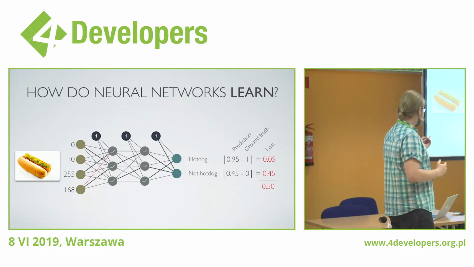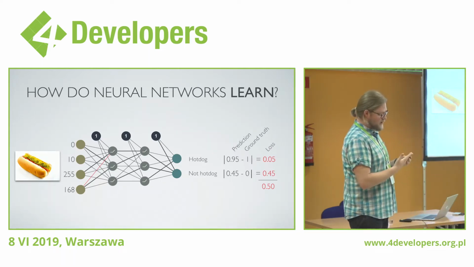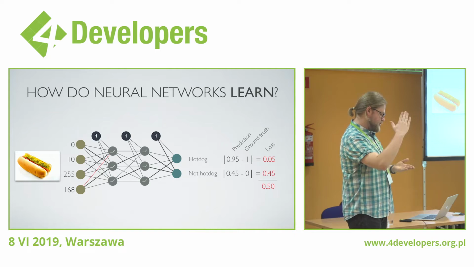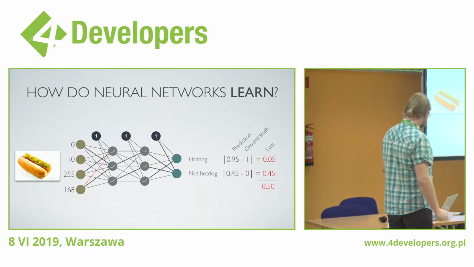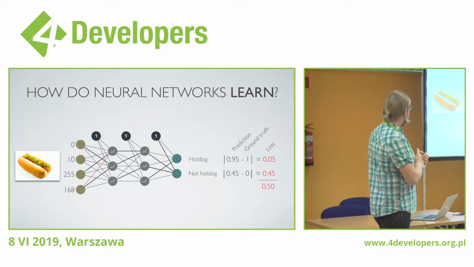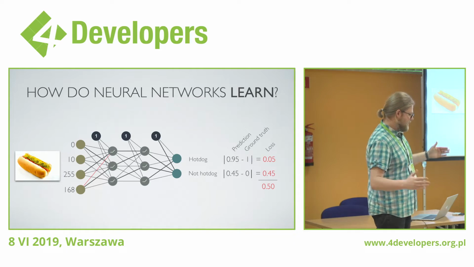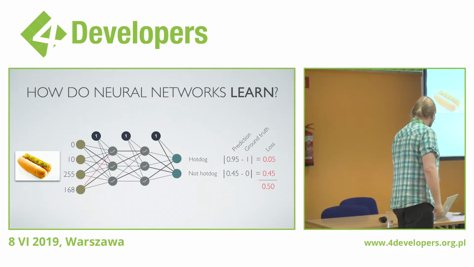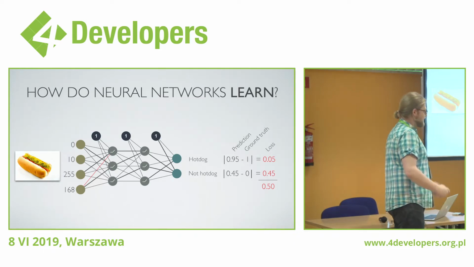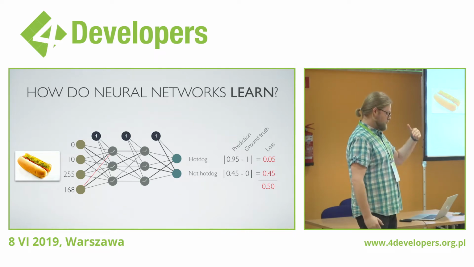So we know that for this particular example, for this particular weight, the good thing to do would be to slightly lower it. And so we can repeat this process over and over for all the weights and all the examples that we have, and this way we will finally train the network to make better and better predictions.